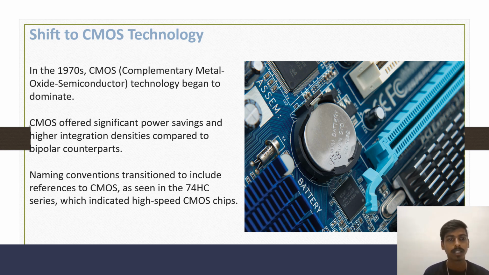CMOS offered significant power savings and higher integration densities compared to bipolar counterparts. The naming conventions transitioned to include references to CMOS, as we have seen in the 74HC series, which indicates high speed CMOS chips.